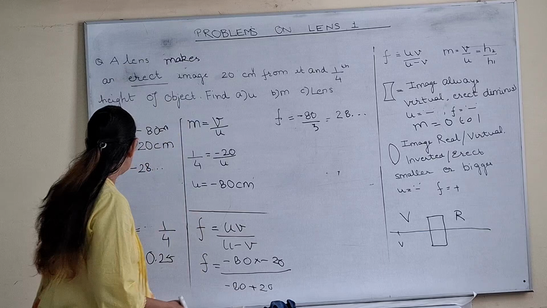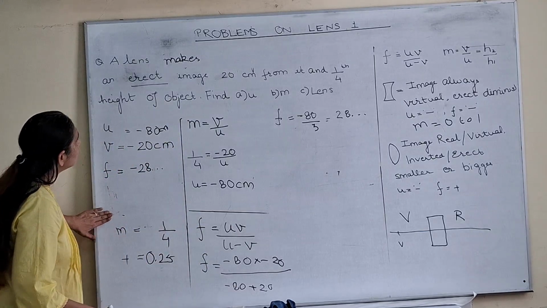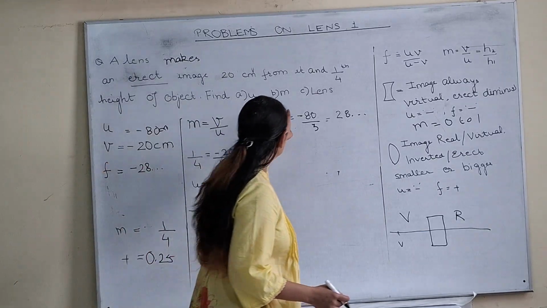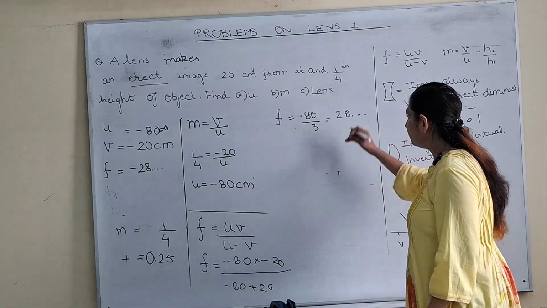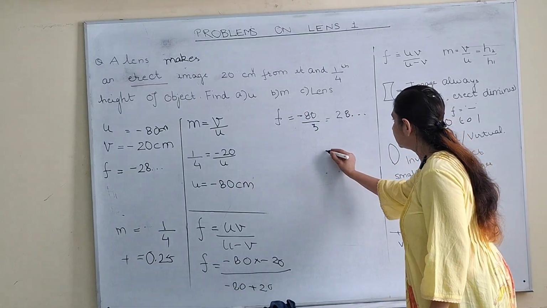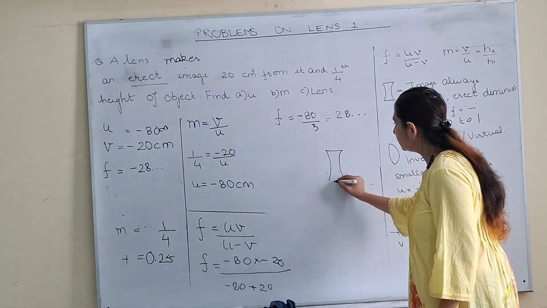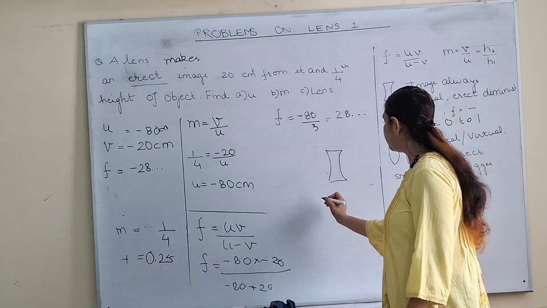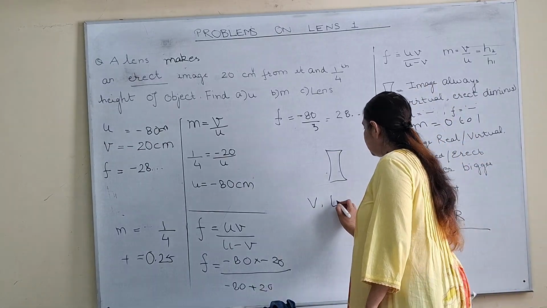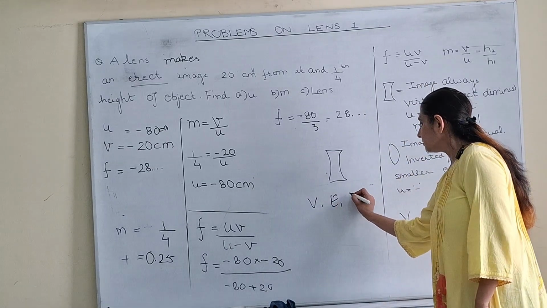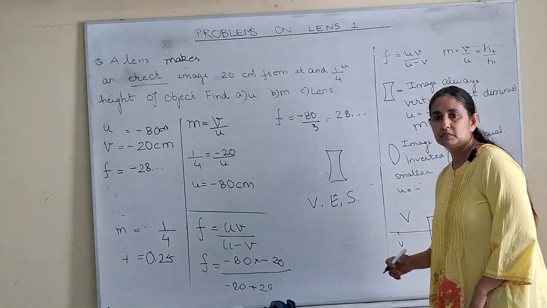So these are not to be calculated. Okay, so we found U, we found magnification, and we've understood the lens is this lens. And we can write the properties: virtual, erect, small.